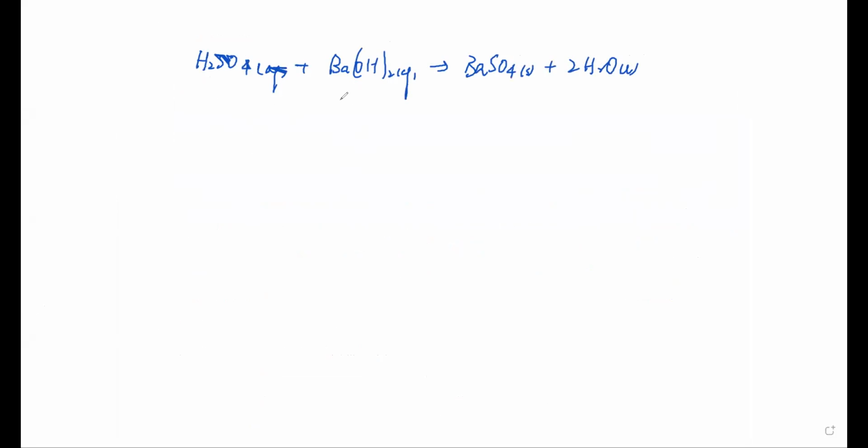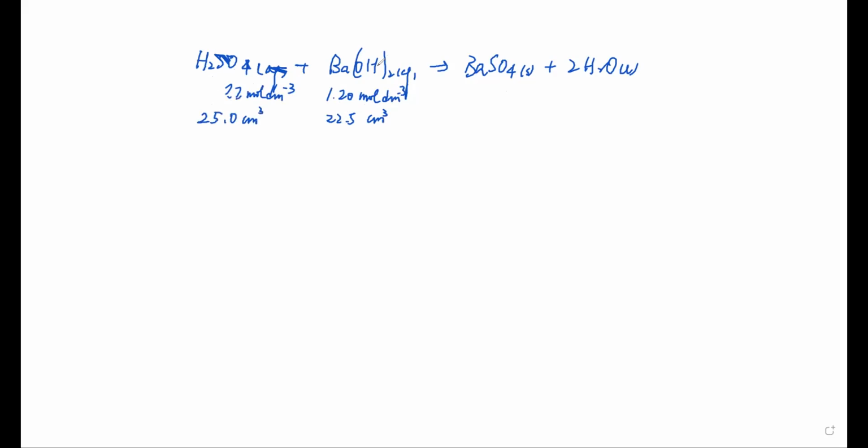The barium hydroxide is about 1.20 mole per dm cube, 22.5 cm cube. The sulfuric acid molarity, I don't know. This is what we would like to find. But the volume is 25.0.